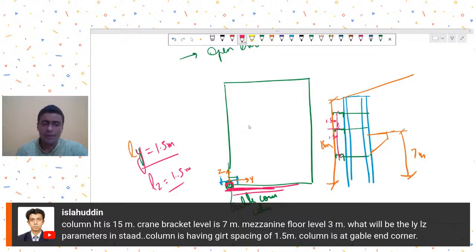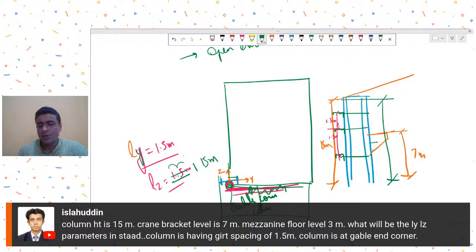So they will again take the girt spacing as the LZ. But I would still say that LZ is a critical dimension for us, so in my opinion, you should not rely on this girt over here, because tomorrow, if this factory goes into expansion and they remove this face and continue ahead, then your LZ drastically changes. So my suggestion to you would be that you take the LZ as full height, 15 meters.